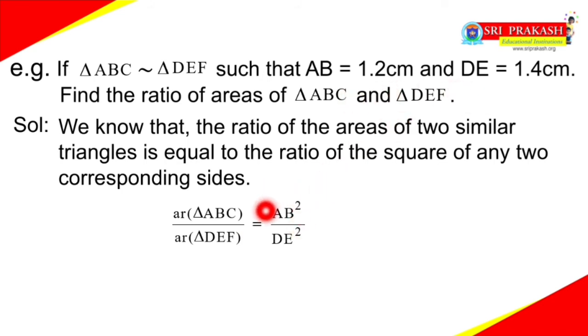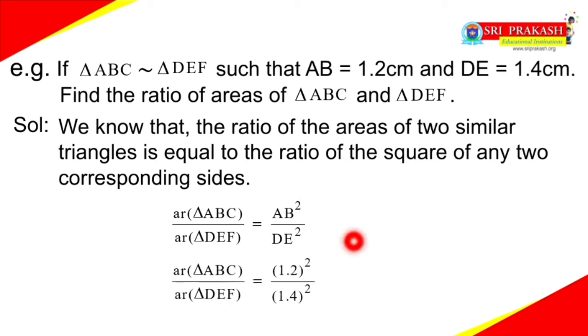Children, now let us substitute the values of AB and DE in this equation. Then we get area of triangle ABC by area of triangle DEF is equal to 1.2 square by 1.4 square.